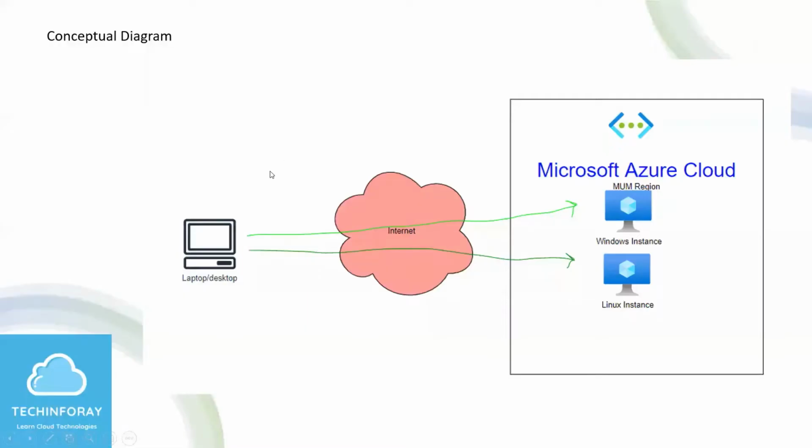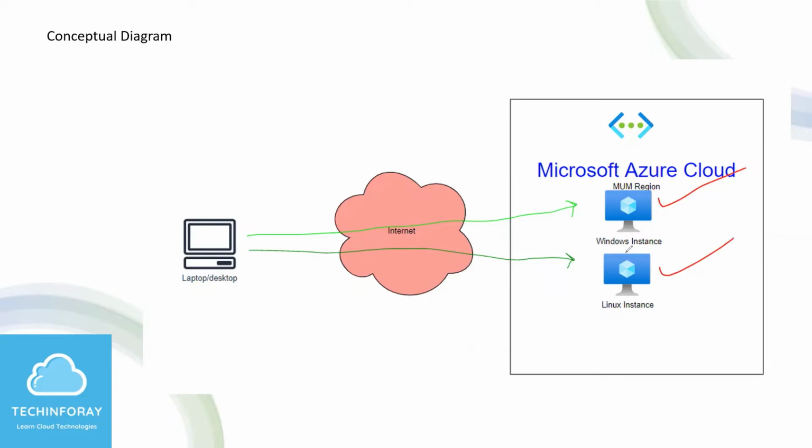If we move forward, this is the conceptual diagram for this video. I'm just trying to make it easy to understand the video that I'm going to present. In this, we will access the Microsoft Azure Cloud Console and create different virtual machines, that is a Windows one and a Linux one.